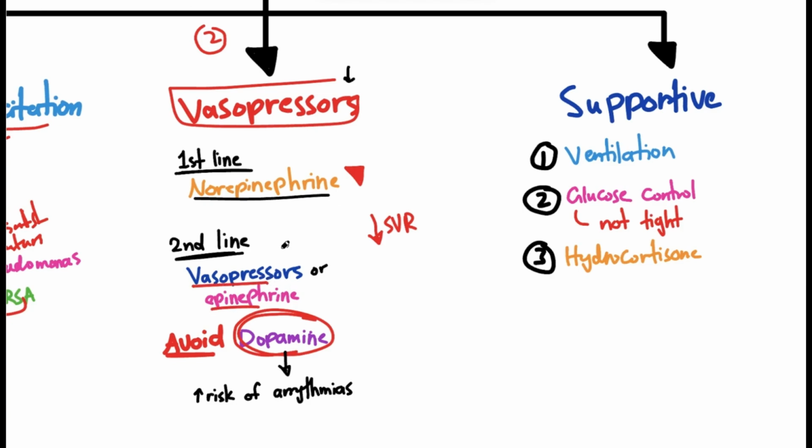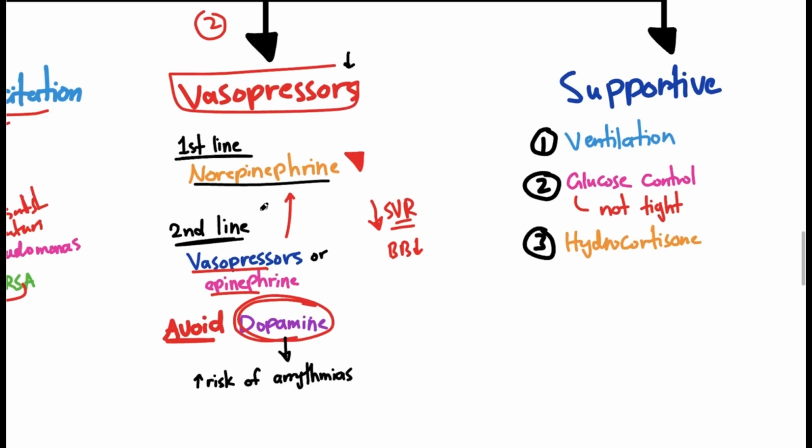But an important thing to remember is that we never give vasopressin alone. We give it with norepinephrine. We start norepinephrine. If we still have refractory low blood pressure, so refractory hypotension, then we give norepinephrine plus vasopressin. If it's still refractory, we can go with epinephrine. You would want to never use dopamine unless you want the patient to develop arrhythmias. Therefore, we don't want the patients to develop arrhythmias and so we avoid it.